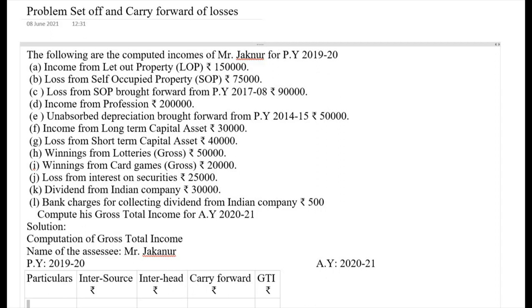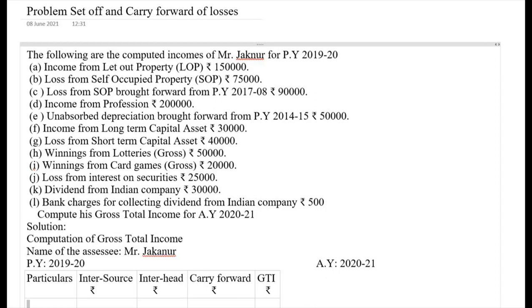So first we adjust the loss from SOP brought forward from 17-18 against rupees 1,50,000. Still there will be income from LOP of rupees 60,000, against which we can adjust a loss from SOP of rupees 75,000. There will be still loss from SOP of this year of rupees 15,000.